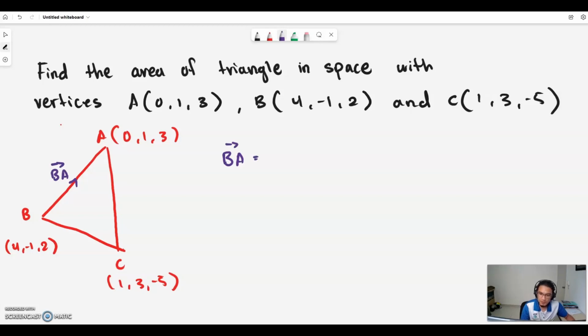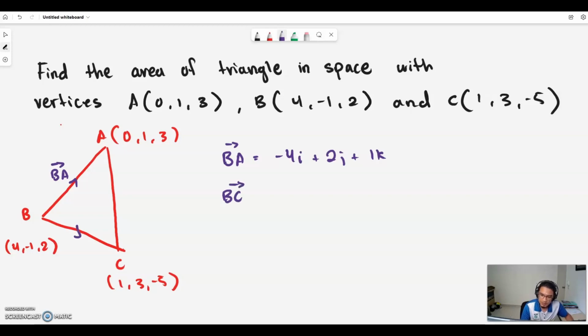The vector for BA will be the x coordinate 0 minus 4, so that is negative 4i. Then 1 minus negative 1 is plus 2j, and 3 minus 2 is plus 1k. So this is the vector for BA, and we create another vector which is BC.